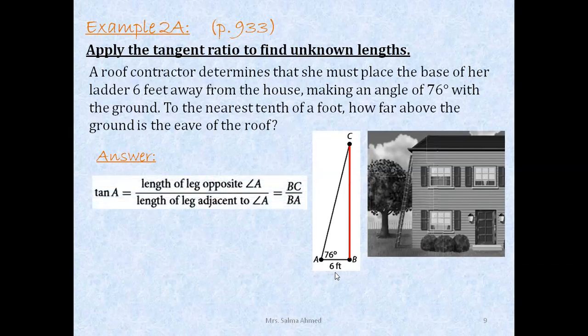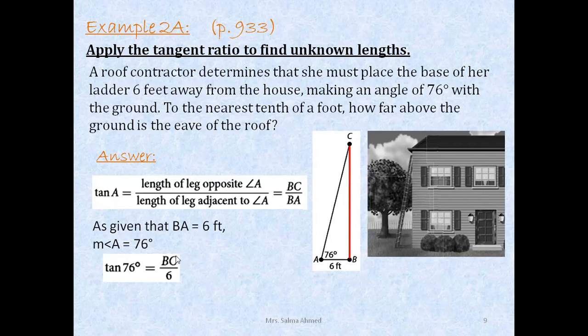So tan will be opposite over adjacent, which is BC, the red line, over AB, which is given as BA equals 6 feet, and measure of angle A equals 76 degrees.